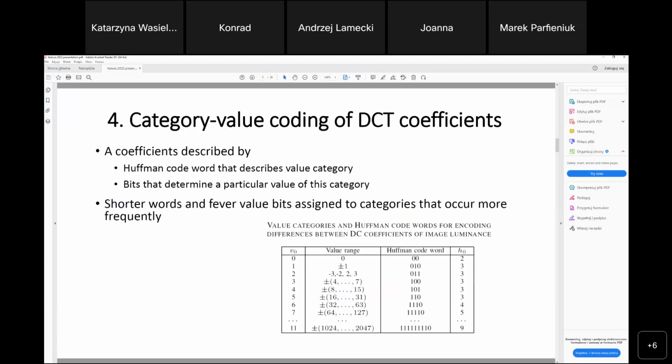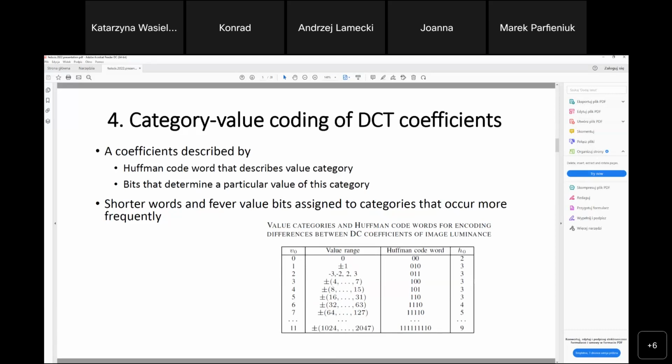but the 010 codeword describes the category which consists of plus one or minus one value. And this codeword is followed by one value bit, which selects either plus one or minus one.